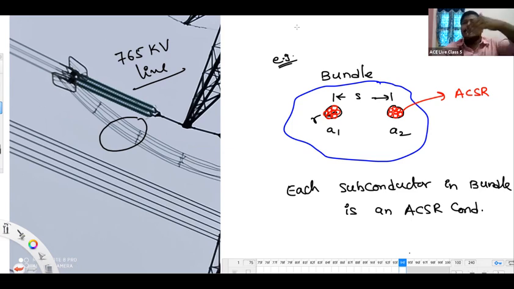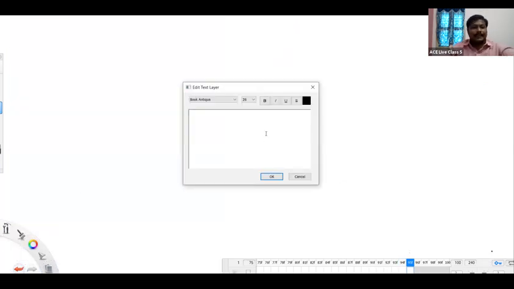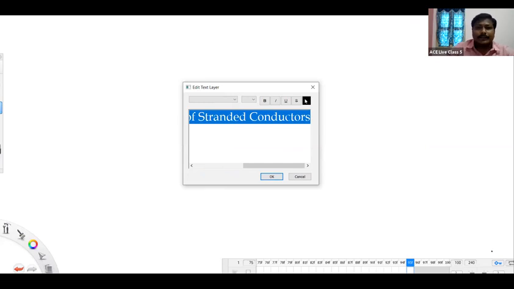That we'll discuss, then we will move on to capacitance calculations. I'll take the next heading: GMR calculation of stranded conductors.